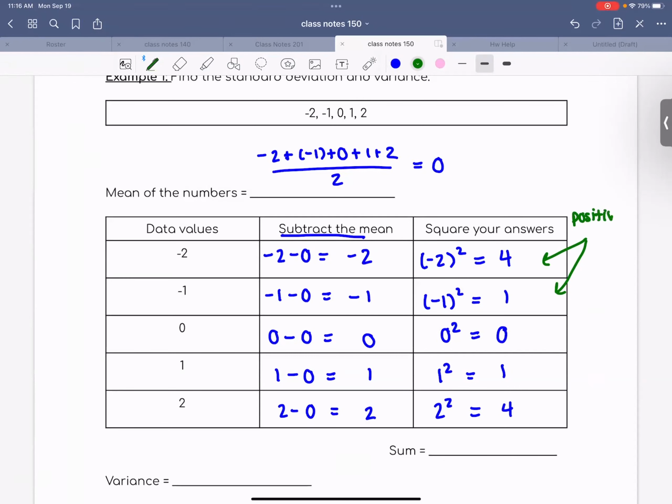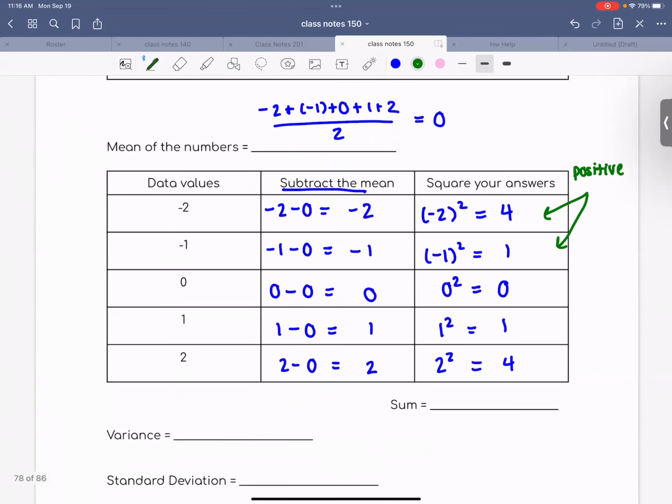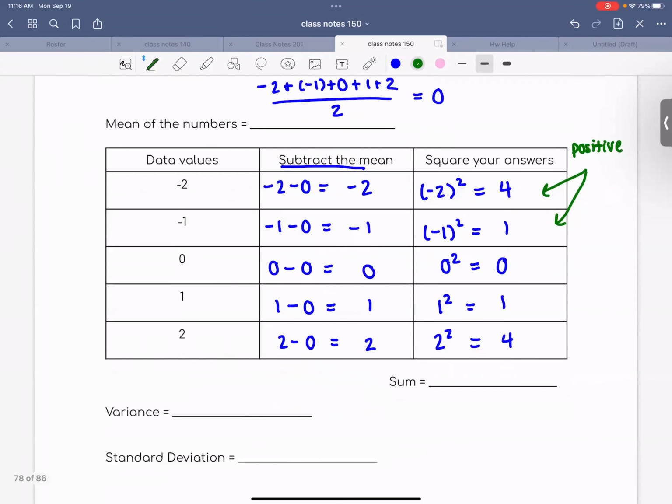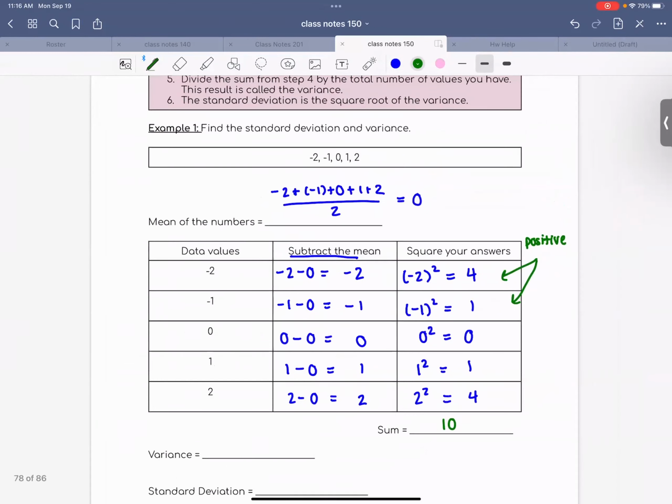If you're getting a negative answer in that last column, then you're doing something wrong. Looking at the steps, what's my next step? Add them together, right? So 4 plus 1 plus 0 plus 1 plus 4 is 10. So we got the sum.